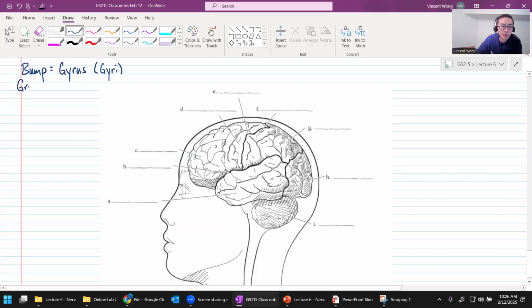A groove is called a sulcus, or sulci for plural. If it's a really deep groove, then it might be called a fissure. Deeper groove, it's a fissure.